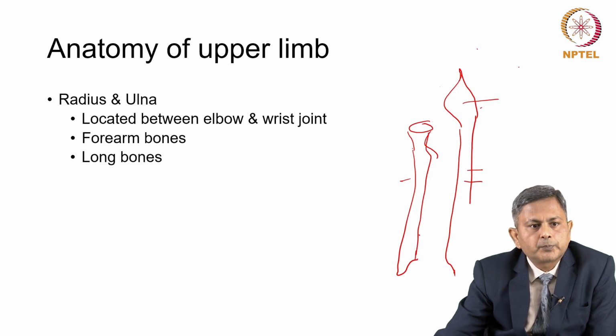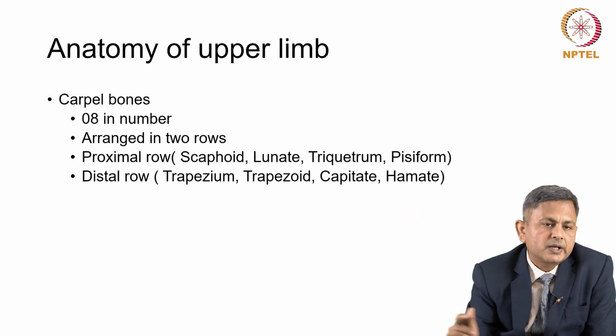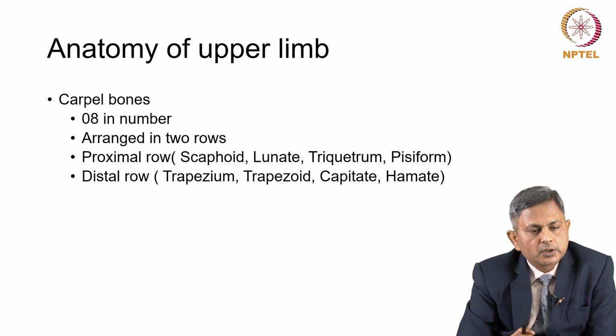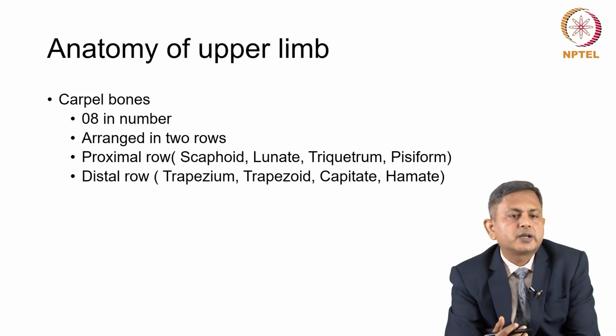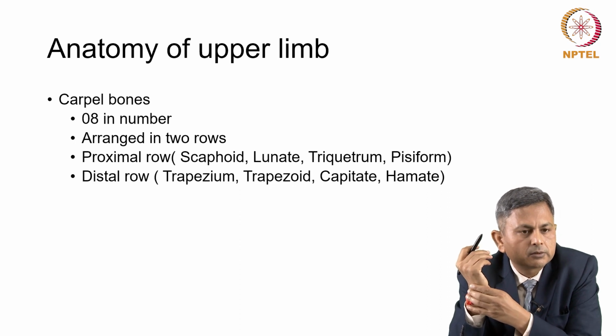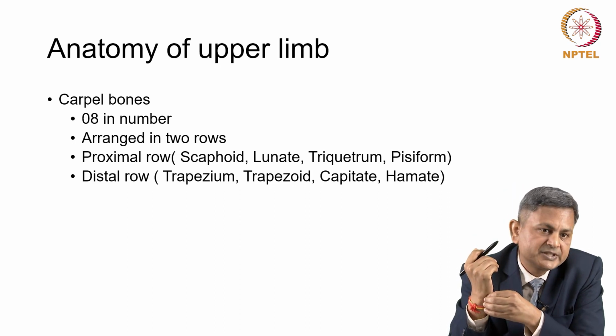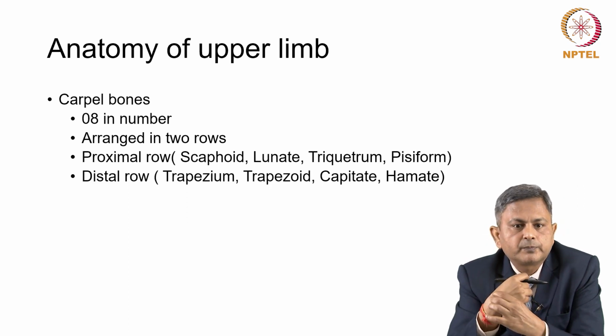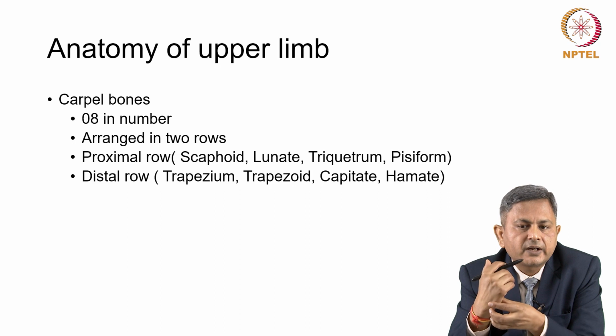Then comes our carpal bones. These are 8 in number and arranged in two rows. The proximal row, towards the radius and ulnar side, is our scaphoid, lunate, triquetrum, and pisiform. And the distal row: trapezium, trapezoid, capitate, and hamate.